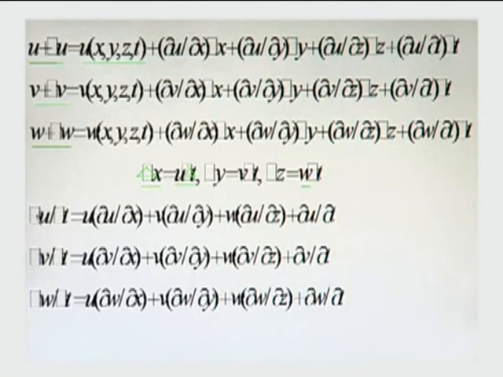So this will become del u over del t equal to del u over del x, and delta x is equal to u delta t. Delta t is taken to the left hand side, so this will become u.